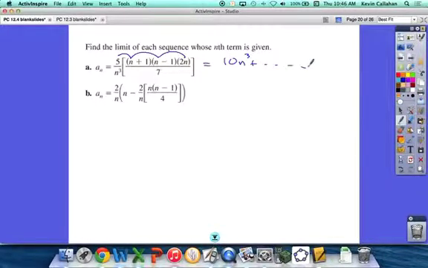And there are some more terms that follow, but they're all lower degree, so they're not going to affect our answer. And what is in the denominator? 7n to the third. And since they have the same highest power, the limit as n approaches infinity of a sub n equals 10/7.